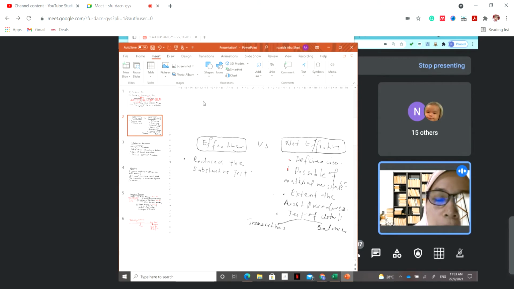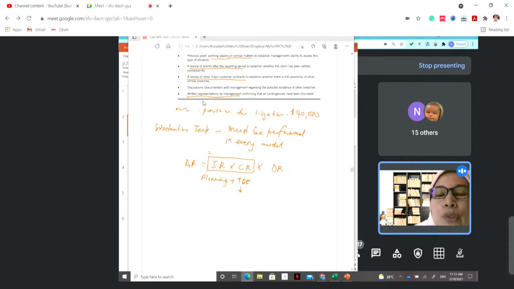So in whatever condition of the financial statement, you must perform the substantive test. Sebab when you perform the substantive test, you will be able to achieve the assertion, the objective.